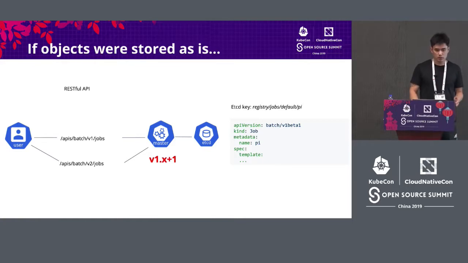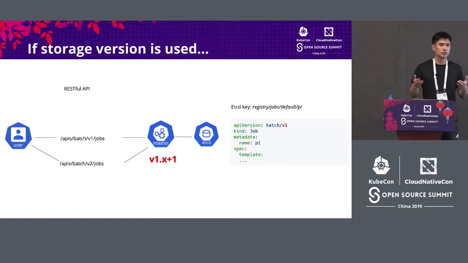On the other hand, if things are stored in the storage version, which usually is the most recent stable version available, then even if the v1beta1 version is deleted, because the object stored in etcd is in the storage version, this object is still interpretable.